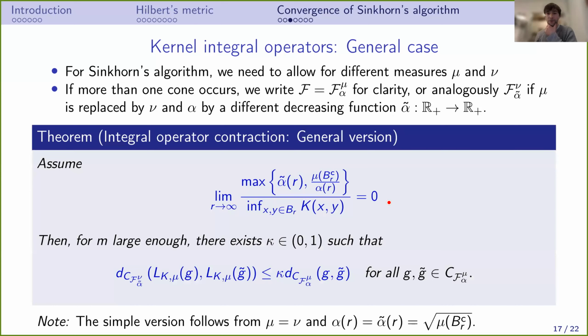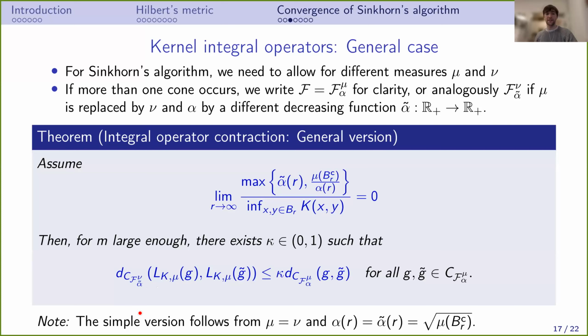And then I just want to say that under, again, similar conditions as in the previous theorem, we can again get some kind of contraction property. The only difference is that on the left-hand side, we have this cone which depends on mu and alpha, and on the right-hand side, we have the cone which depends now on this different marginal nu and some possibly other growth function alpha tilde, which controls the tails of these test functions.